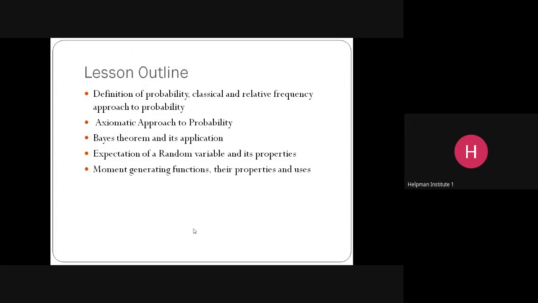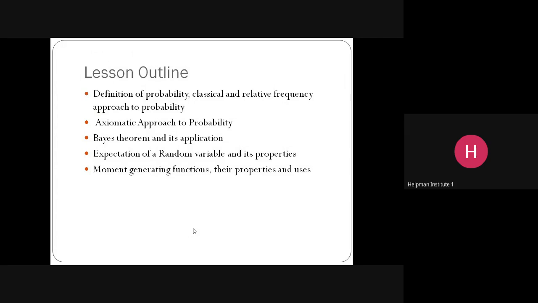That's the various axioms of probability. We will look at Bayes' theorem and its application. We will also look at the expectation of a random variable and its properties. And then we will look at moment generating functions, MGF, their properties and their uses.